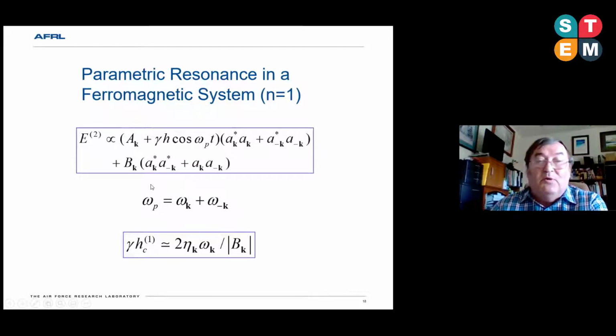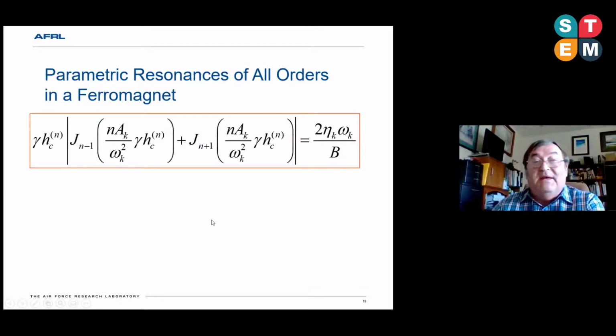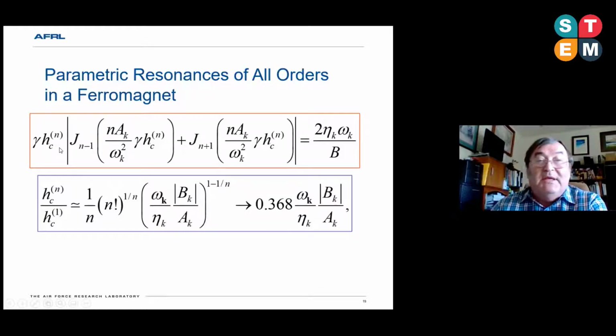If we have n equal to 1, or the main resonance, the threshold can be easily calculated, and it's well known. If we have all orders, we can obtain this equation. And one more thing: the threshold of the nth resonance compared to the main resonance is defined by this formula, and actually we can find parameters when this combination of factors is something like 1, 2, 3.